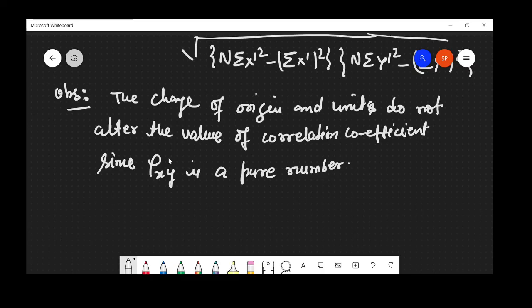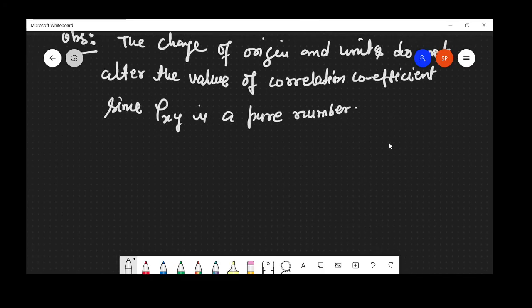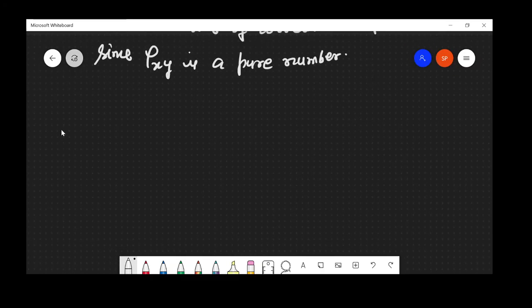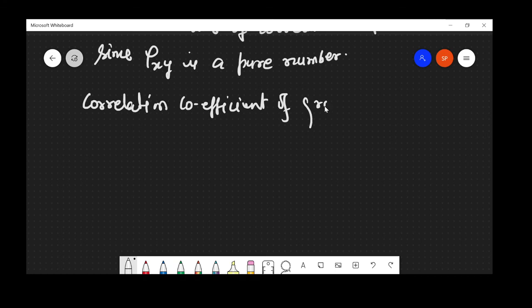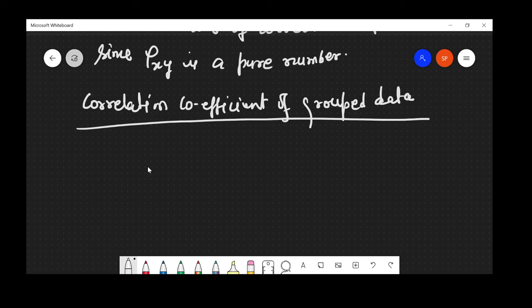So now we move to the correlation coefficient for grouped data.